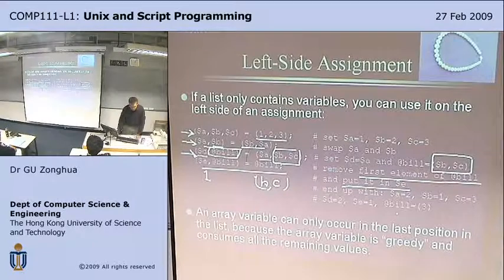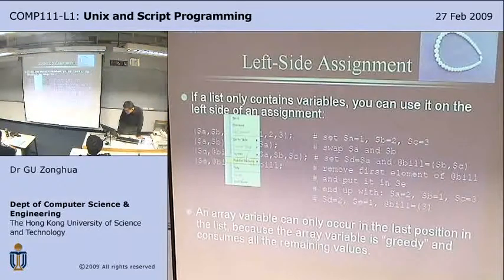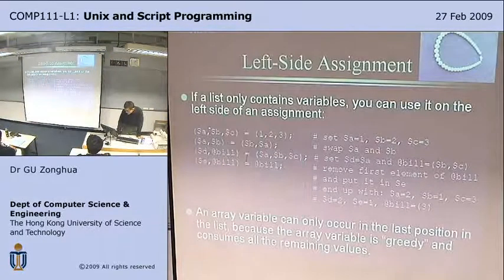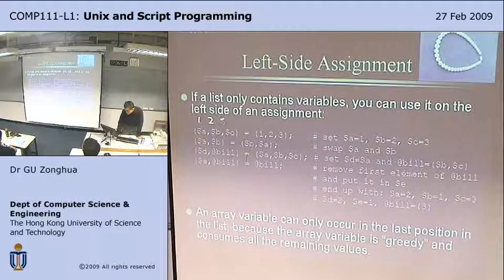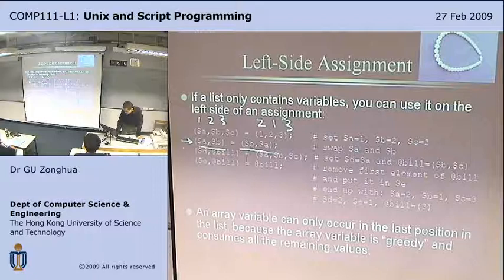So let's trace through these values. So initially, A, B, C gets 1, 2, 3. After this swap, A, B, C is now 2, 1, 3 because it swapped A and B. After this assignment, then A, B, C is still 2, 1, 3.